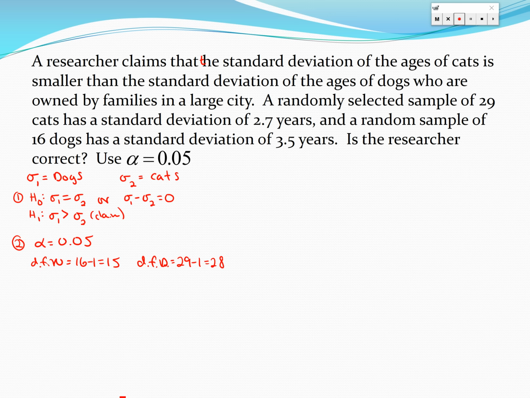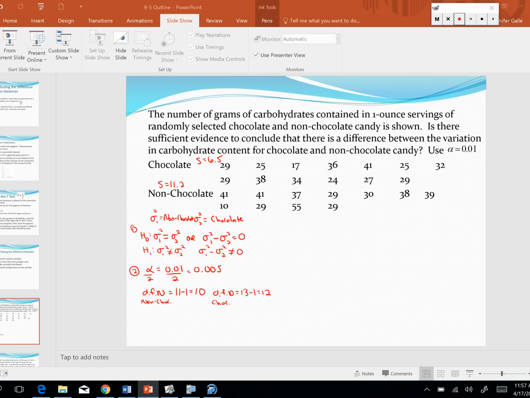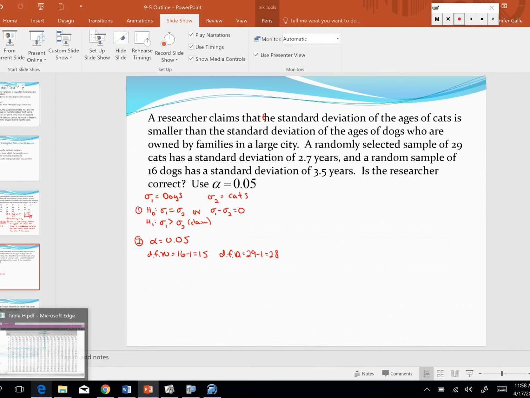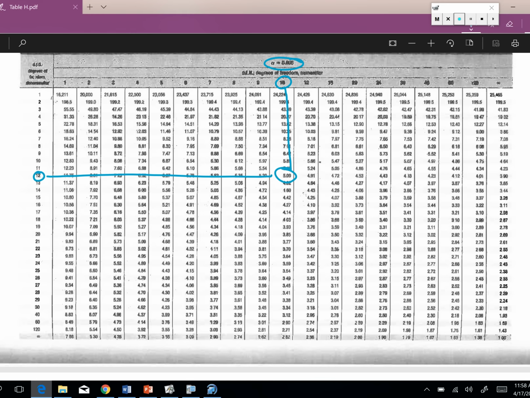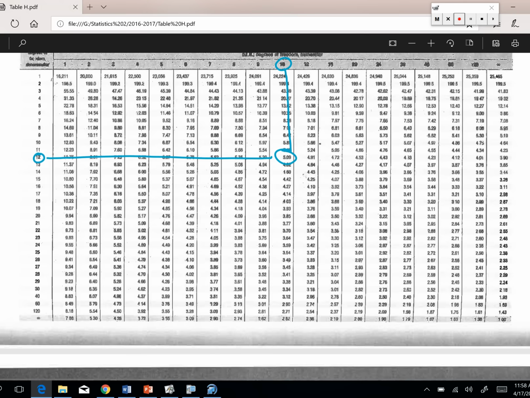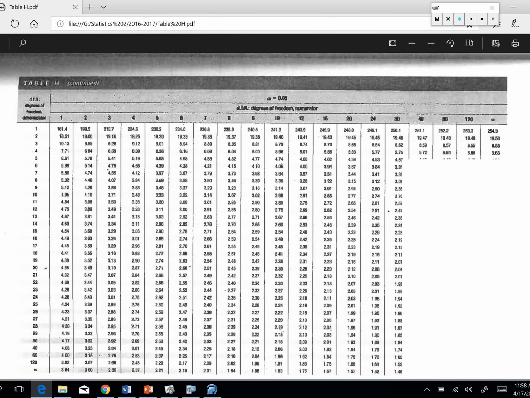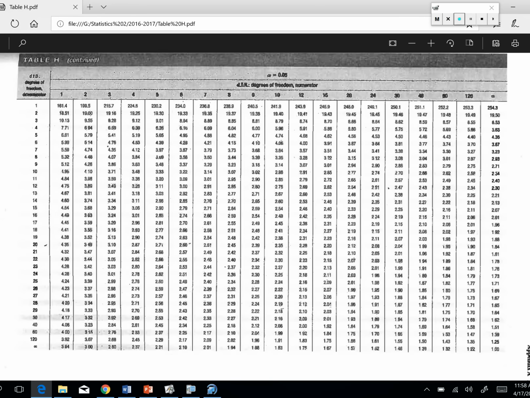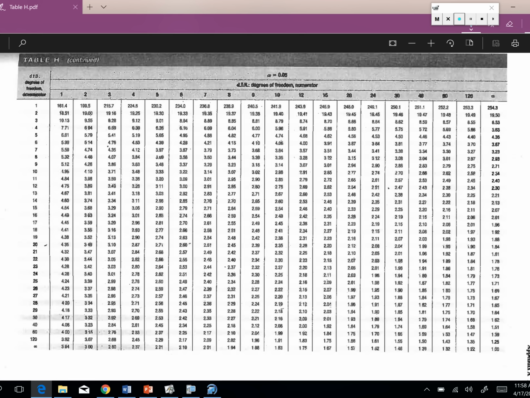Let's go to our table. We need to find the page for 0.05. Degrees of freedom for our numerator, 15.